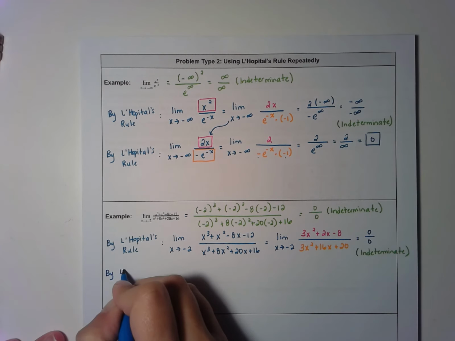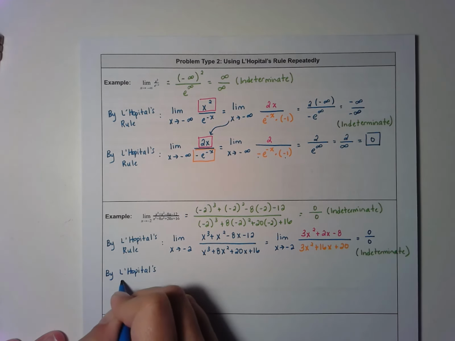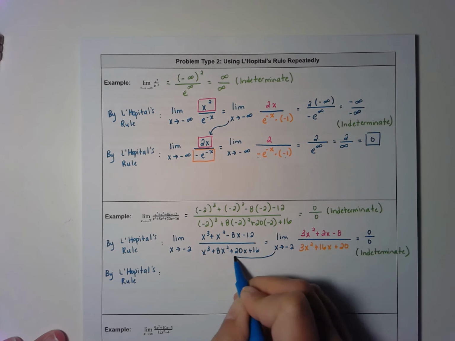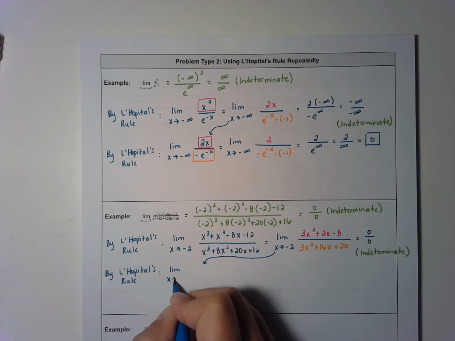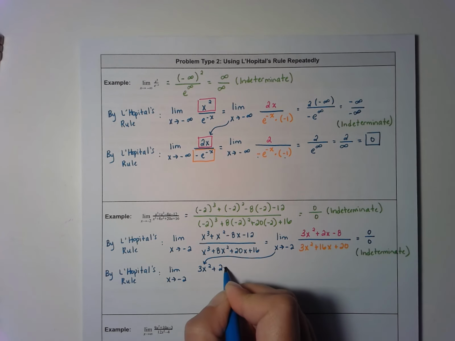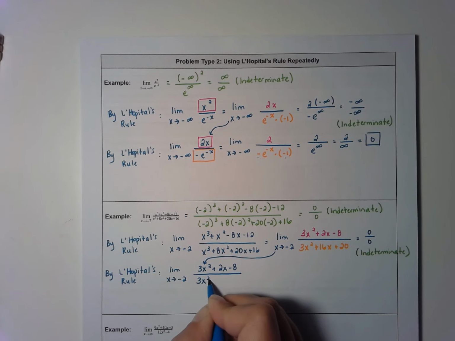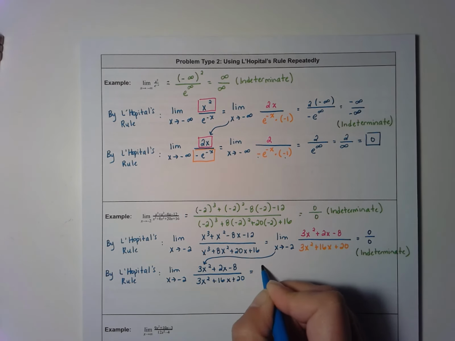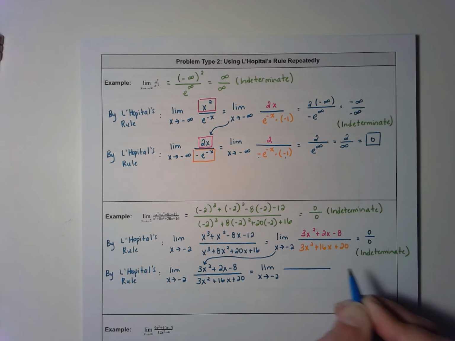So we would say by L'Hopital's rule, the value of this new limit that we were trying to find after we took the derivative, the limit as x approaches -2 of 3x squared plus 2x minus 8, all over 3x squared plus 16x plus 20, is equal to the limit as x approaches -2 of the derivatives.